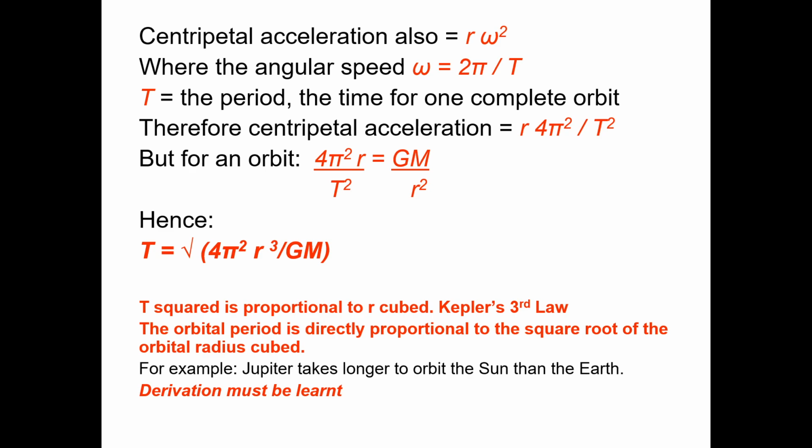I always find it a bit jarring that for the AQA course you don't have to know Kepler's first and second laws. Kepler's first law is to do with the orbit of planets, that they're in ellipses with the Sun at one focus point, and Kepler's second law says that the line joining the planet to the center of the star, the Sun, sweeps out equal areas in equal times.